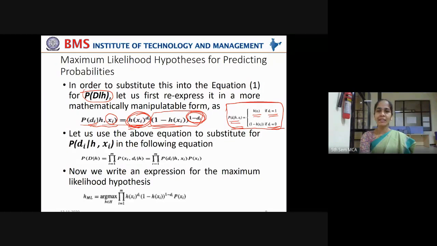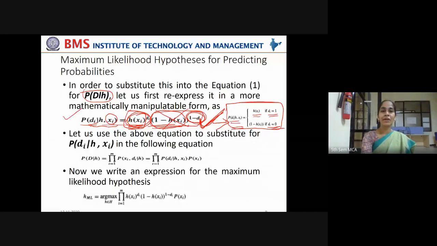So when di is equal to 0, the event is not happening, so it is 1 minus h of xi. If di equal to 1, then the event is happening, and this term will be cancelled and you will have only h of xi. So this formula is another representation of this mathematical representation. Did you understand clearly?